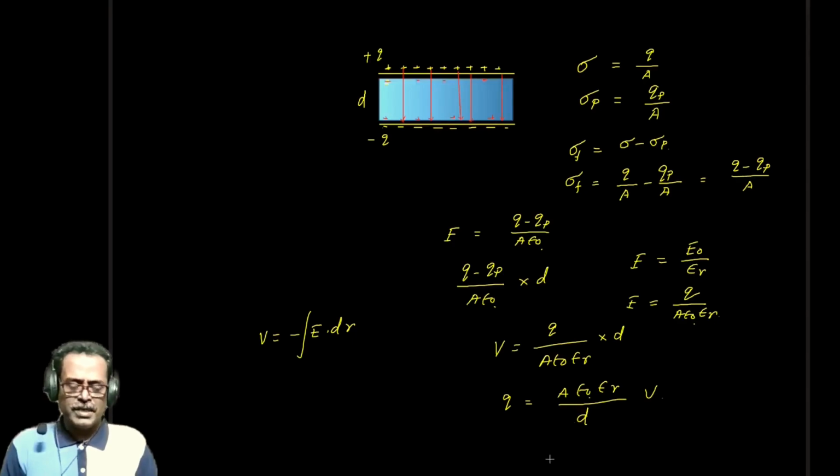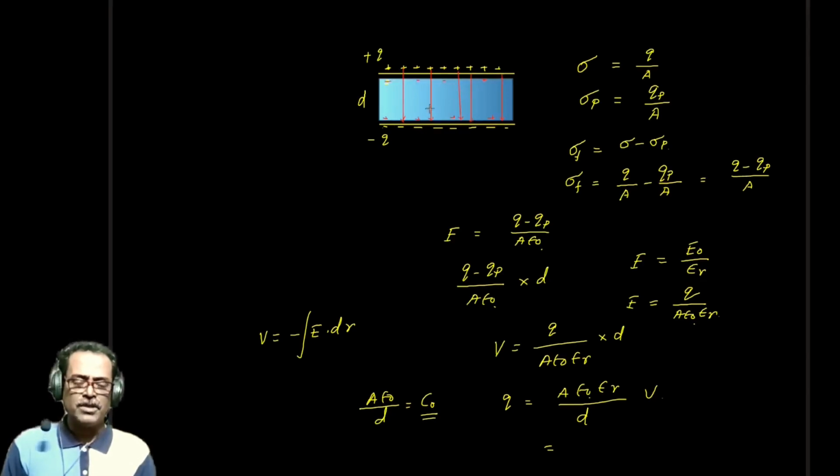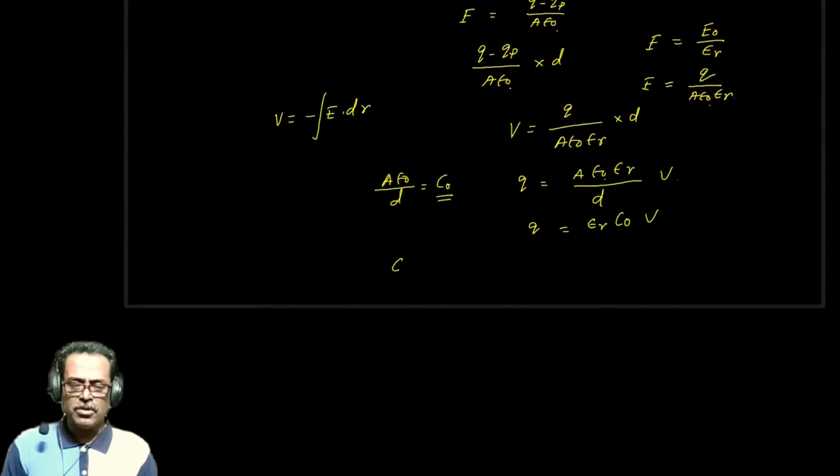So we can say that it is equal to CV. We know that A epsilon 0 divided by d is equal to C0, that is the capacitance when there is no medium, that is in vacuum. If these two plates are placed with the dielectric, then the capacitance is equal to A epsilon 0 divided by d times epsilon r, that is epsilon r into C0. So with the dielectric, C is equal to C0 into epsilon r.